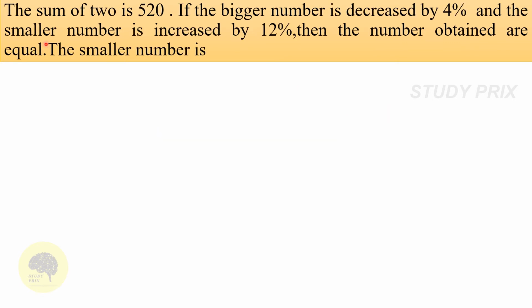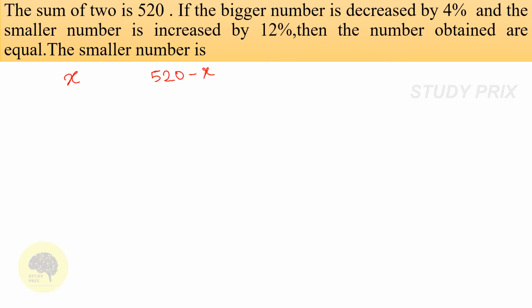Okay. Coming to the next problem: sum of two numbers is 520. If the bigger number is decreased by 4% and the smaller number is increased by 12%, then the numbers obtained are equal. The smaller number is? So we have to find the smaller number. Initially, take the bigger number as x. So the smaller number must be 520 minus x, because the sum of the two numbers is 520.